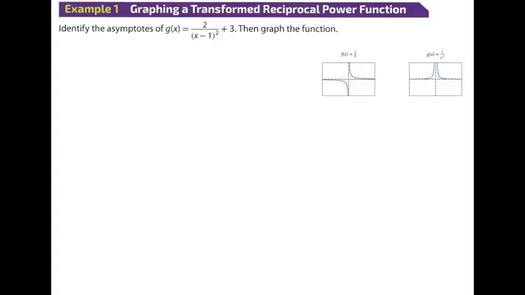Well, if you look at the grouping here, the grouping is squared. So it should look like the one that is squared, this one, okay? Now, like anything else, inside the parentheses is going to move it left and right. Outside of the parentheses is going to move it up and down. A negative would flip it, just like a negative flipped my absolute value V, okay?